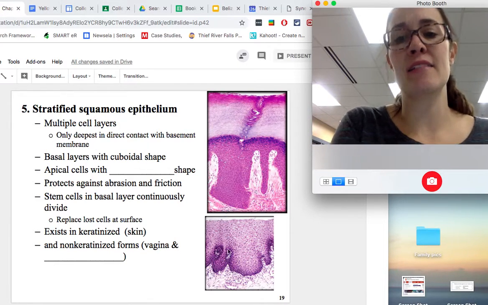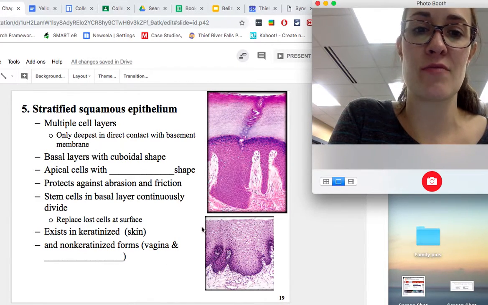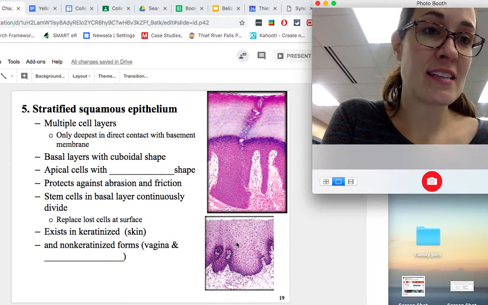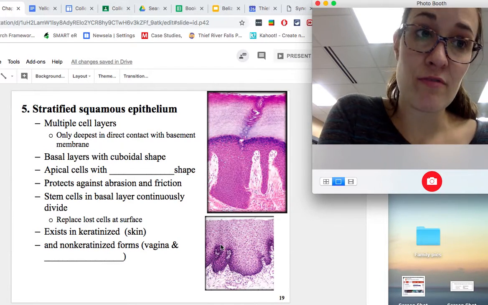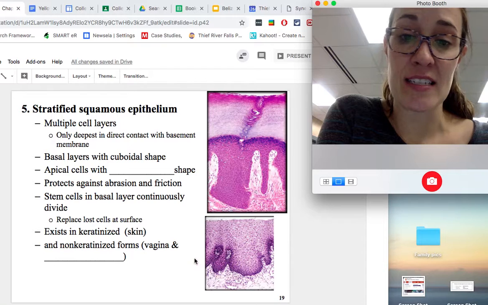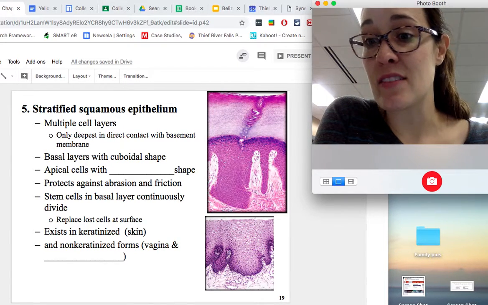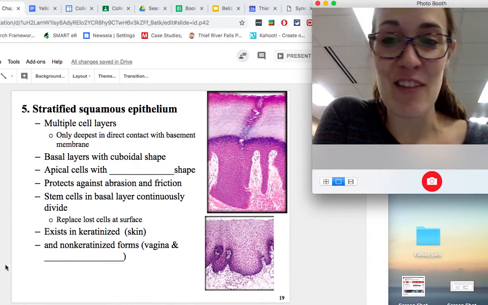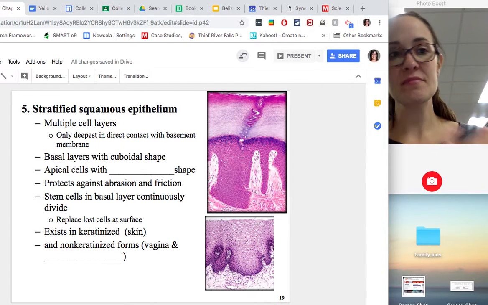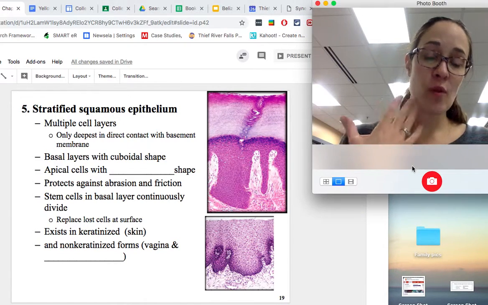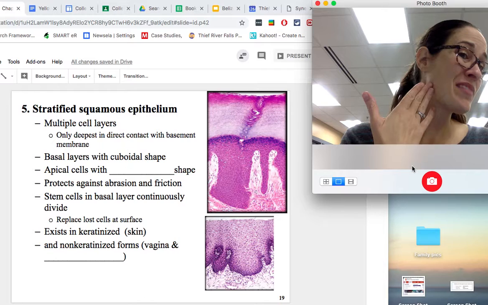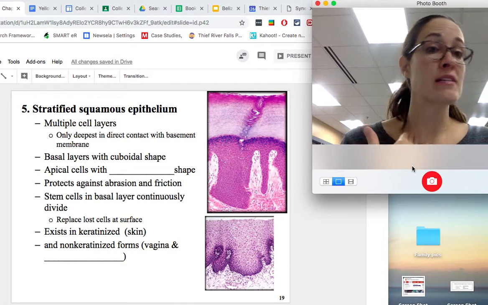Or it can exist in the non-keratinized form, like you see down here. Non-keratinized tissue is found in the vagina and in the esophagus. The esophagus is the tube that, when you swallow, carries water or food down to your stomach.